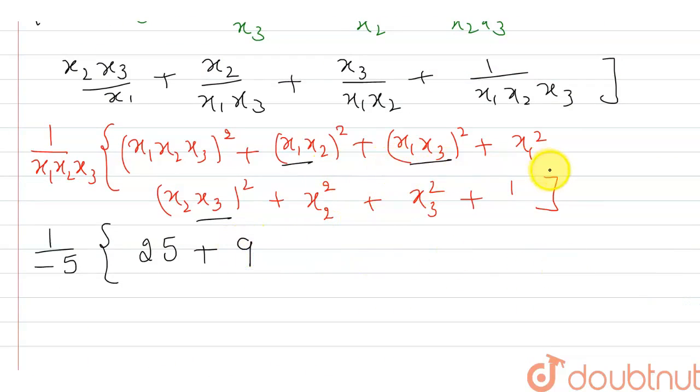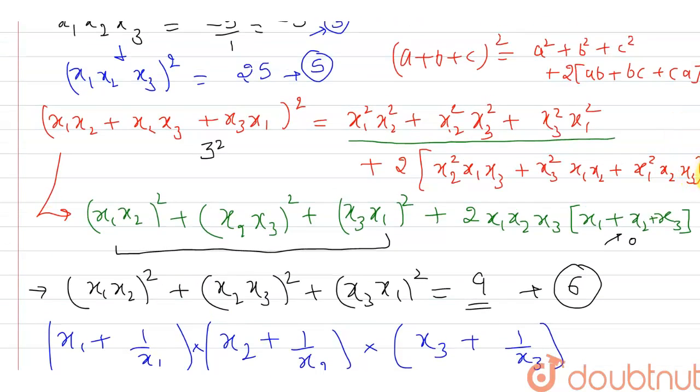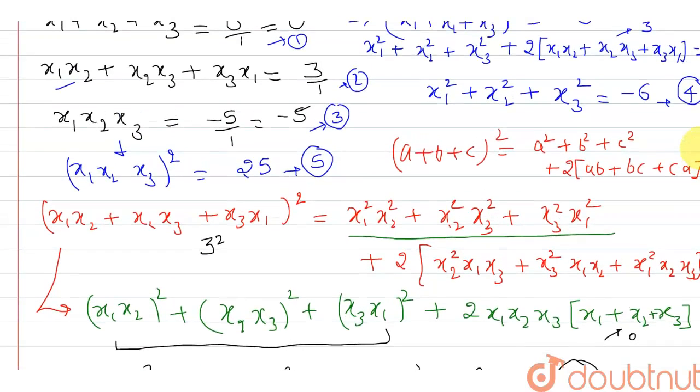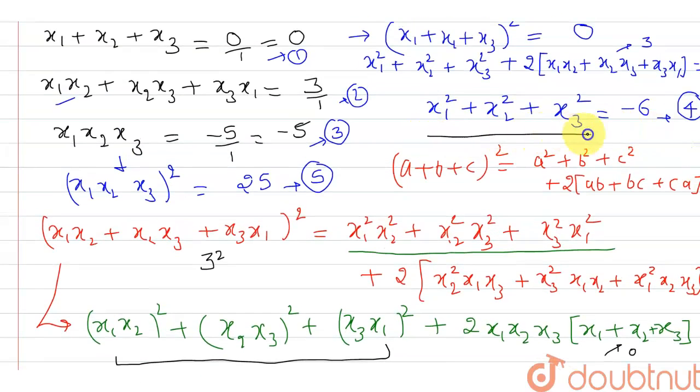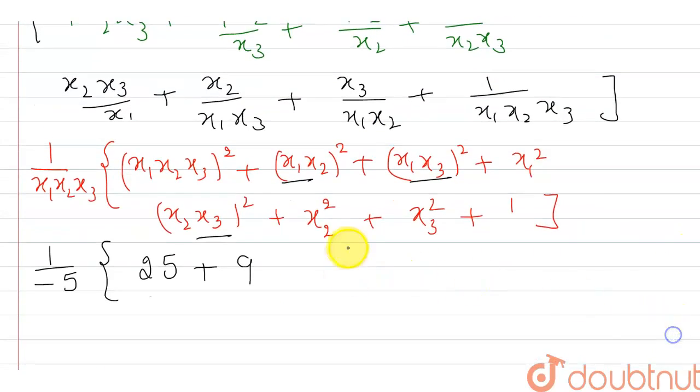Now I have remaining x1 square plus x2 square plus x3 square, from equation number 4. This is coming to be minus 6. So I can write the sum of these three as minus 6, and plus 1 for this term.